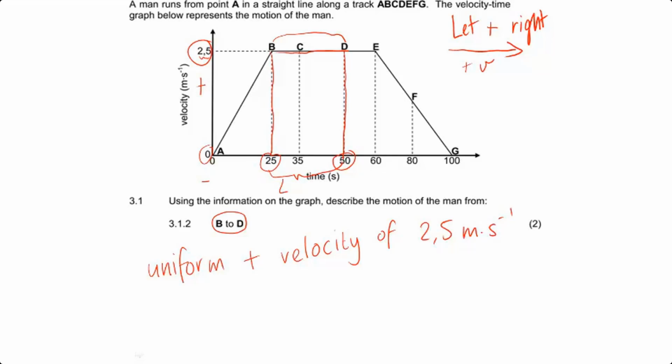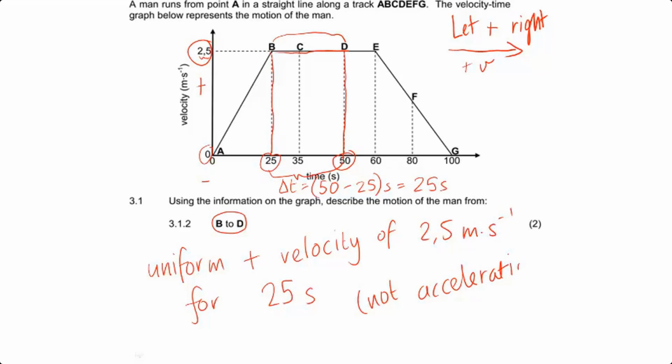So delta t is final time 50 minus initial time 25, and so that is 25 seconds. If we like, we can also add he's not accelerating. Of course, by saying he's moving at uniform velocity, we mean he's not accelerating, so it's not really necessary.